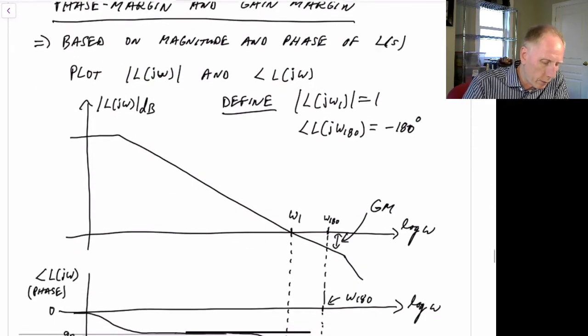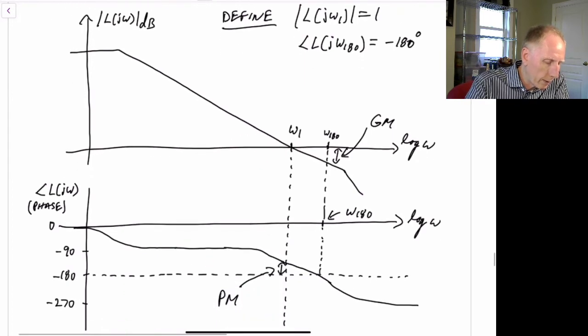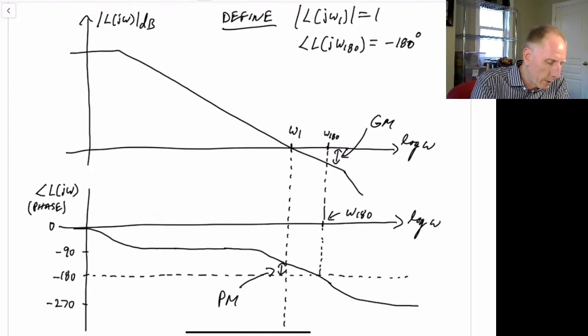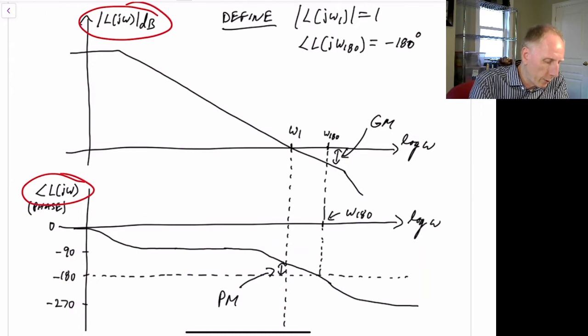If you plot those two together, we end up with a plot that looks something like this, where the top is the magnitude of L of j omega in dB, and the lower curve is the phase of L of j omega in degrees.